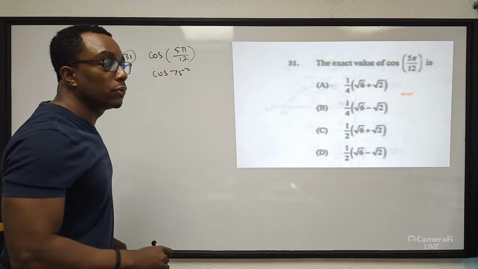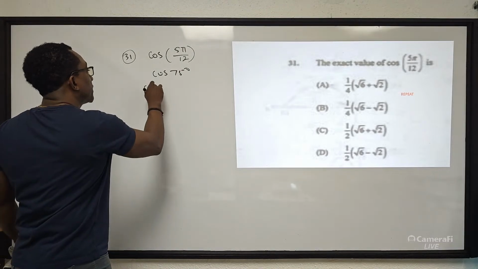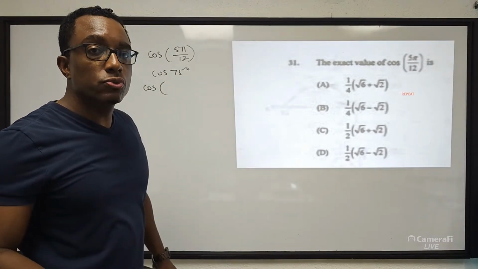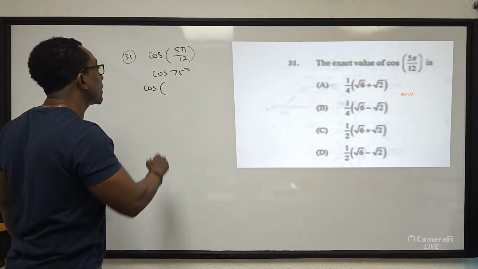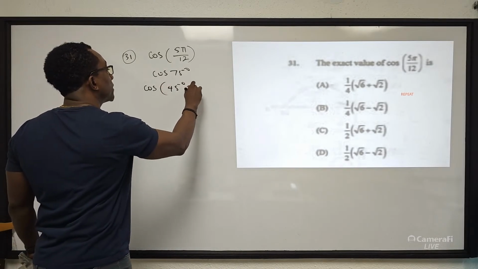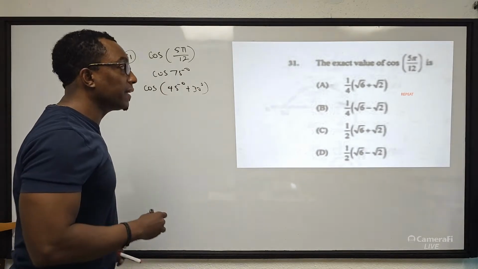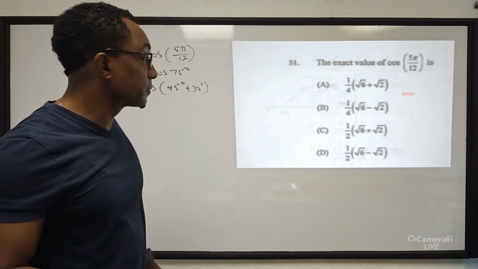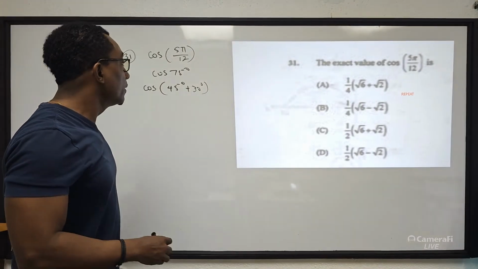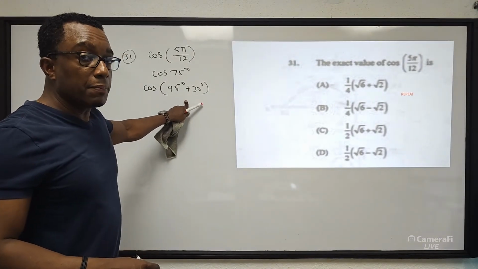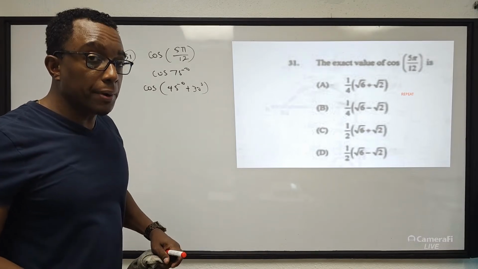What we can do is represent 75 degrees as two special angles: 45 degrees plus 30 degrees. 45 and 30 are two special angles, and 45 plus 30 also represents compound angles.